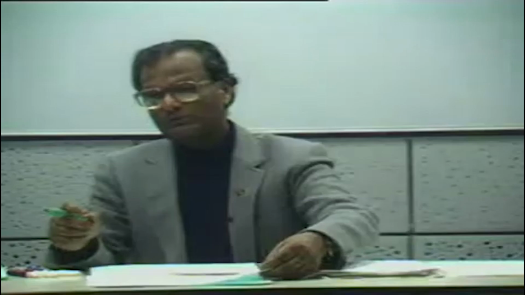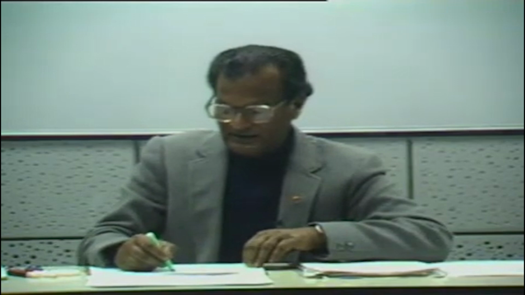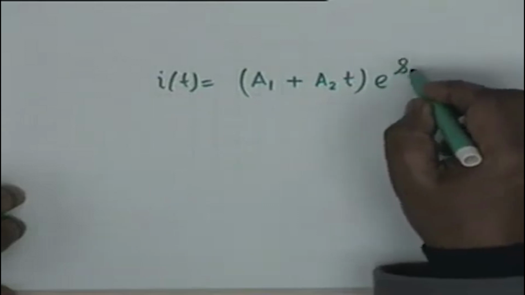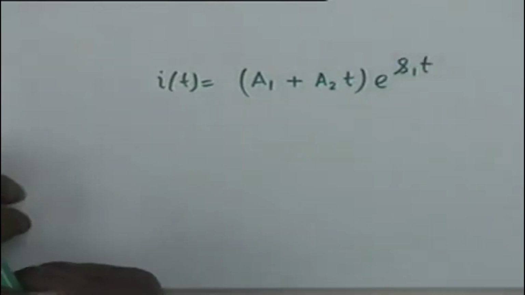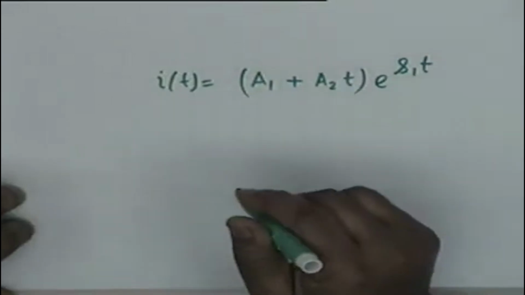And as you know in the solution of differential equations, the solution in this case shall be given by A1 plus A2 times t e to the power, let's say S1 or S2, S1t. Alright. This is the general form of the solution.